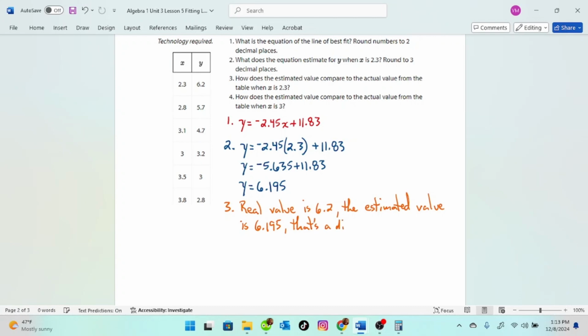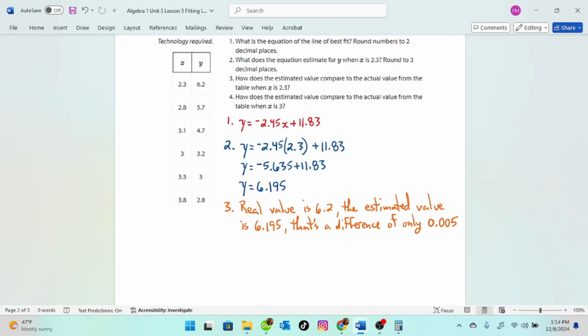That's a difference of only 0.005. So 5 thousandths of a difference.